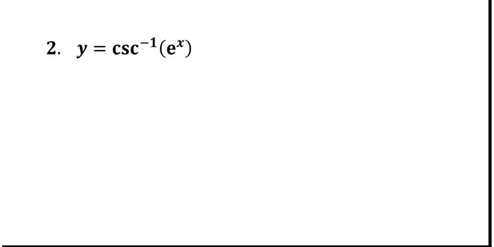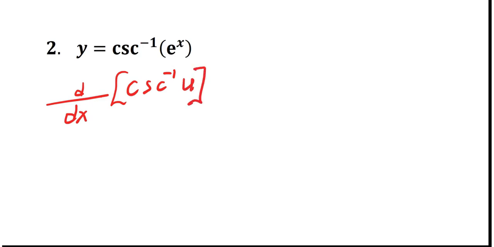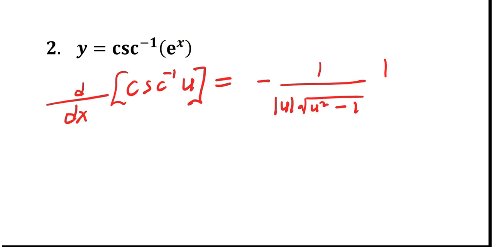Alright, question 2. So we also need to start with the formula, which is d/dx of arcsec(u), and this is equal to negative 1 over the absolute value of u times the square root of u squared minus 1, times du/dx.